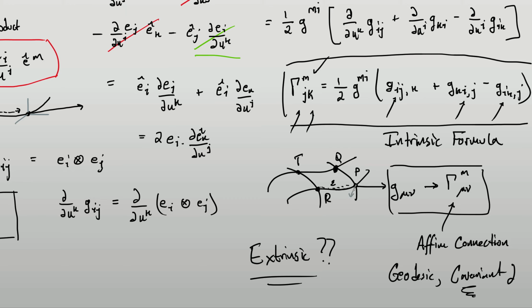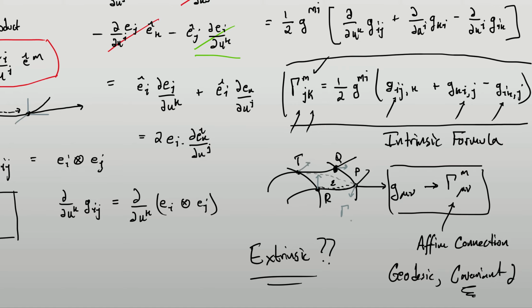This is a little bit of a misrepresentation, but say we had a vector here, right? And we had a vector here, and the relationship between the two vectors is given by this. We want to know how this changes as we go from point P to point R, or from point P to point Q, or from point P to point T. We could travel in this direction right here.